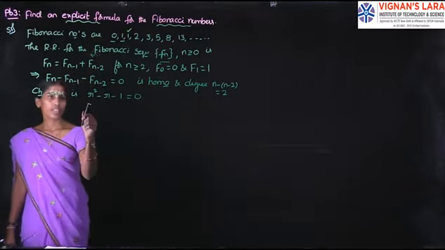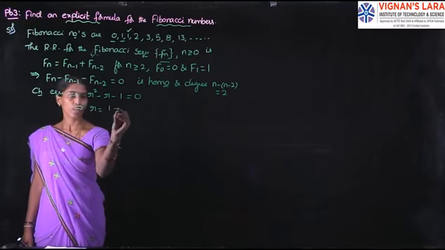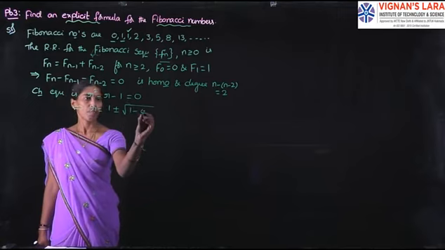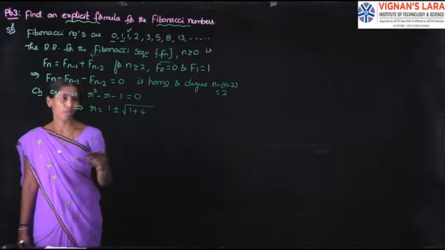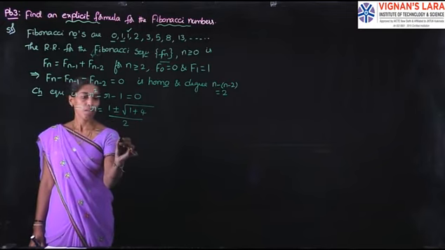Now solve this characteristic equation and find its roots. r is equal to minus b plus or minus square root of b square minus 4ac, all by 2, which gives 1 plus or minus square root of 5 by 2.